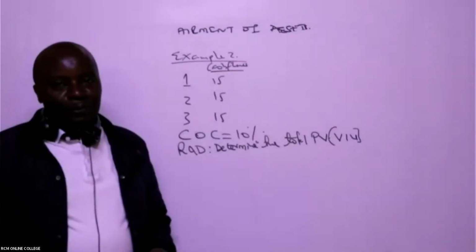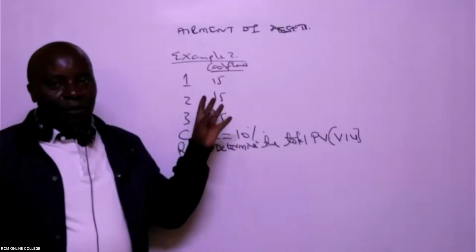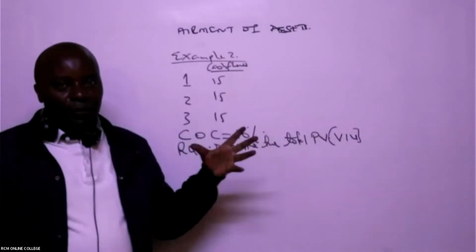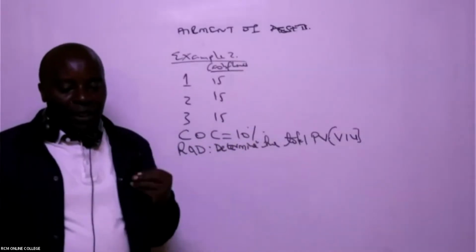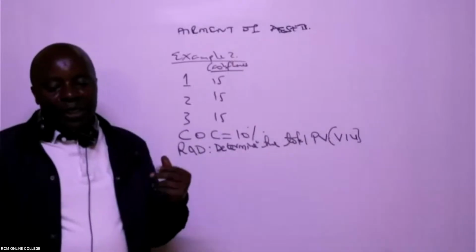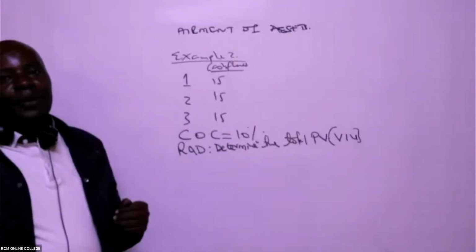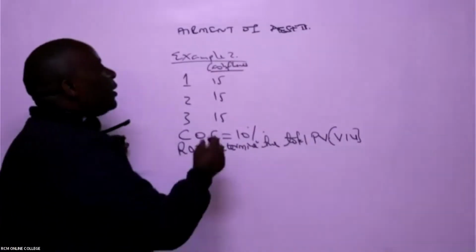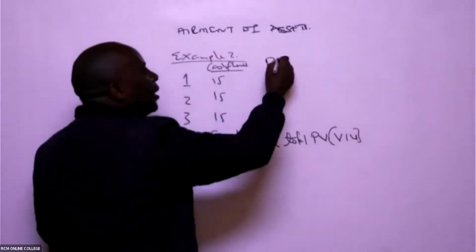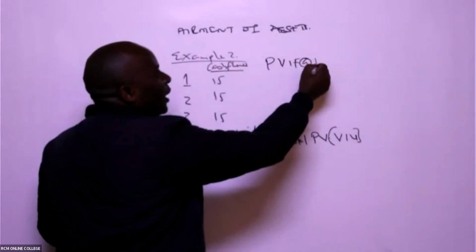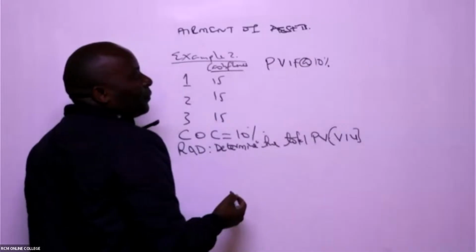Is there somebody who is able to make a comment even before I continue? What do you imagine of this 15, 15, 15, 15? It's an annuity, yes. But first of all, before I show you the concept of annuity, you can still go ahead and use PVF at 10%.